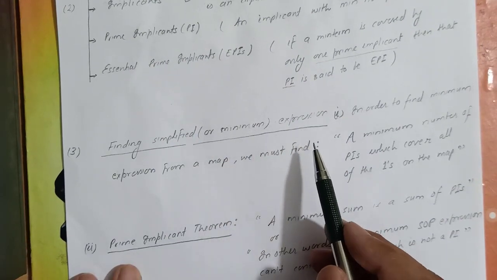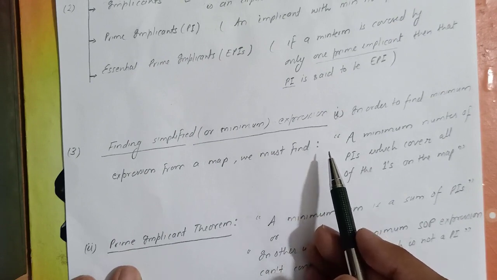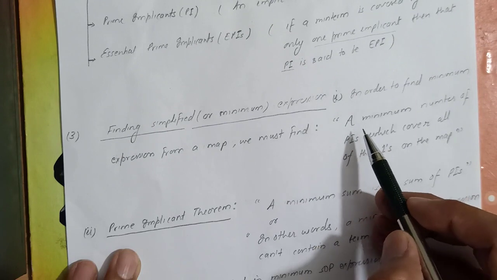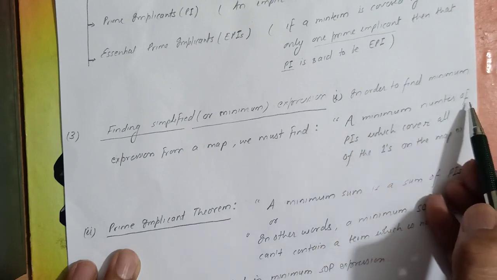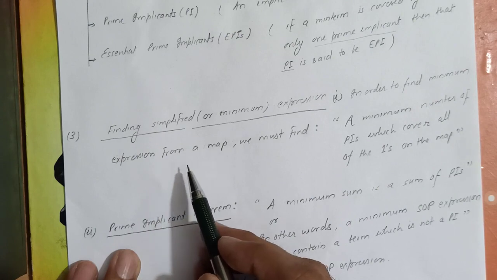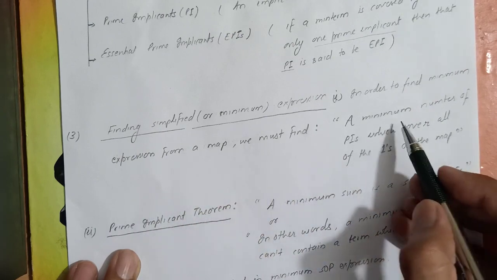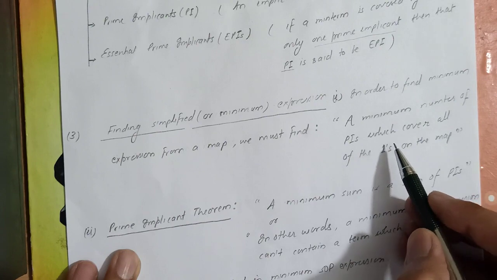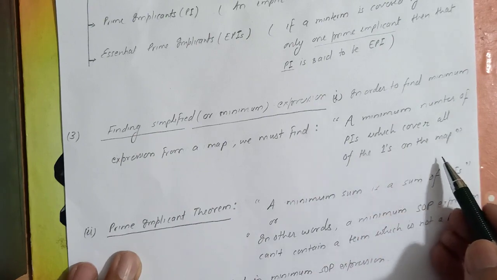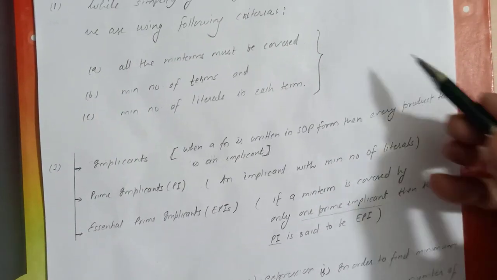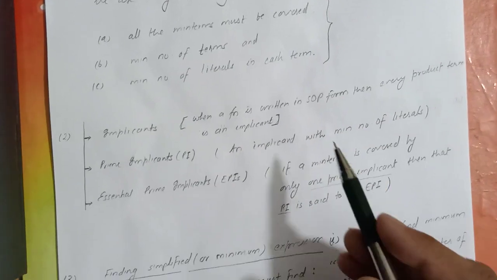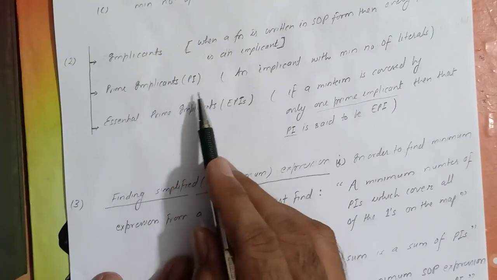So basically we have made one rule: in order to find the minimum expression from a map, we must find a minimum number of PIs which cover all the ones on the map. Okay, so basically what we are saying here is that all these three conditions are restated in the form of prime implicants.